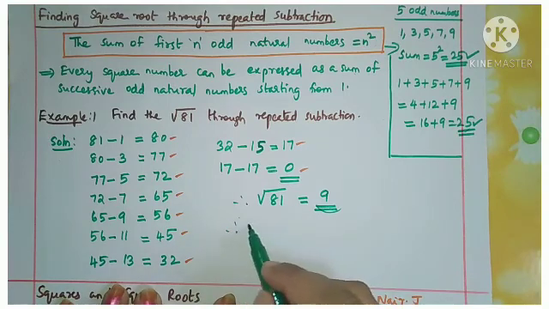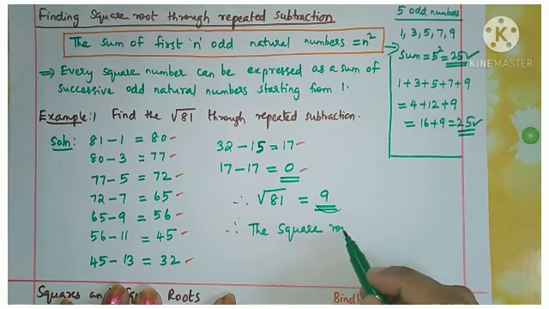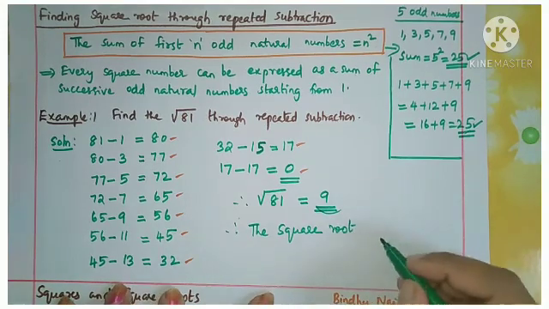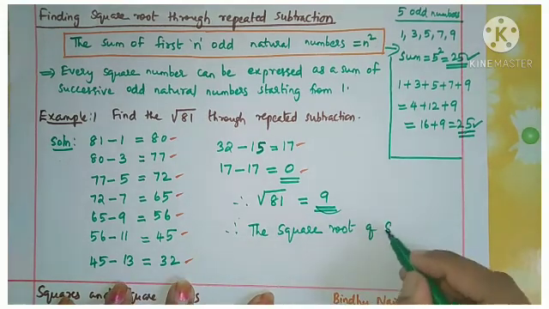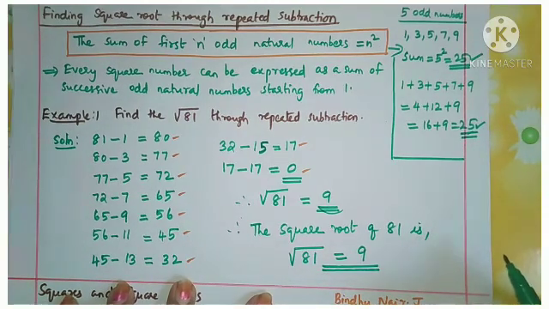Here we are only taking the positive square root. The square root of 81, always use this symbol, is 9. So that is our required answer.